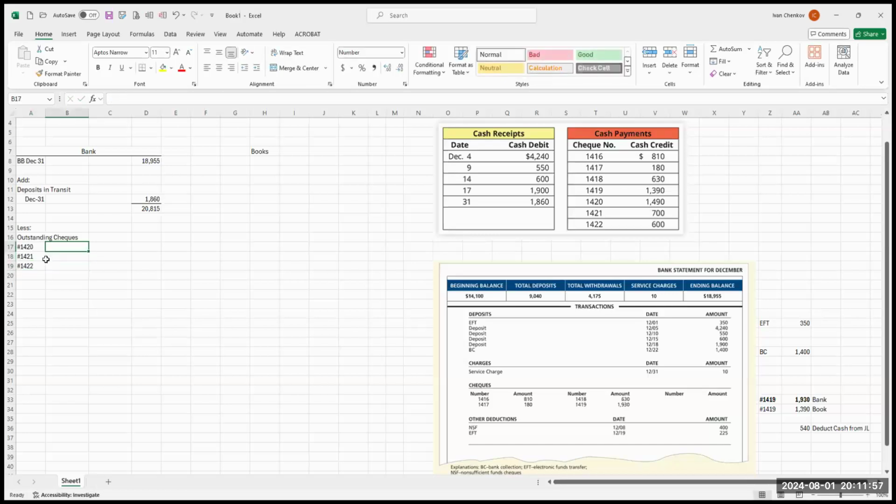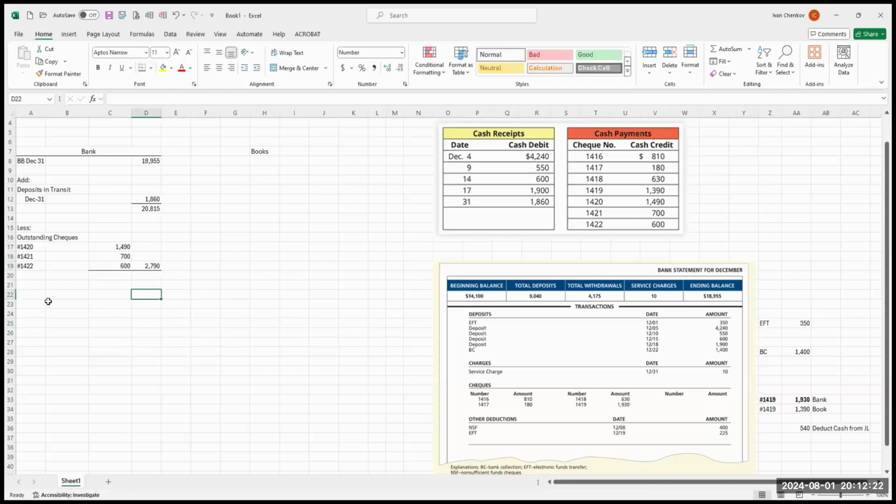Luckily, they're in numbers one after another, so there's nothing scary here. 1,490 is the first one, 700 is the second one, and 610 is the third one, which gives us the total of $2,790, which we have to deduct from our cash.